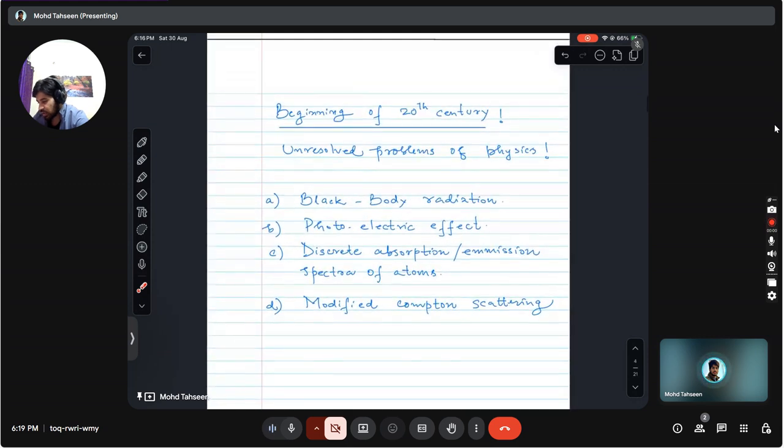So we briefly had a look at the history of quantum mechanics, and it all starts in the beginning of the 20th century. These are the main problems in physics that were unsolved at that time. People believed that the reason existing theories could not explain these behaviors, for example black body radiation or the photoelectric effect, could be a matter of some correcting factor or small modification of the equation.